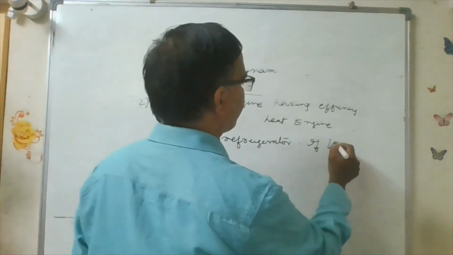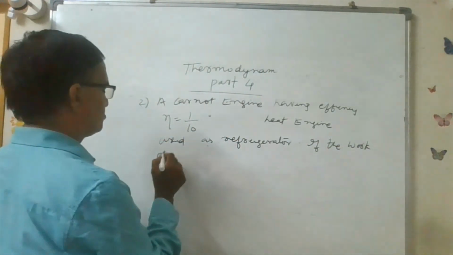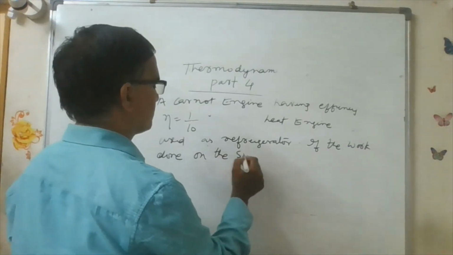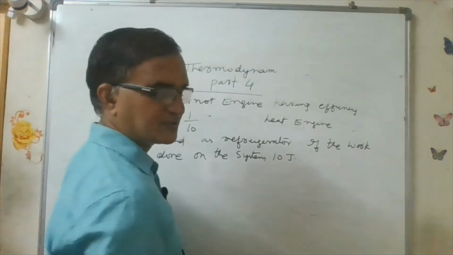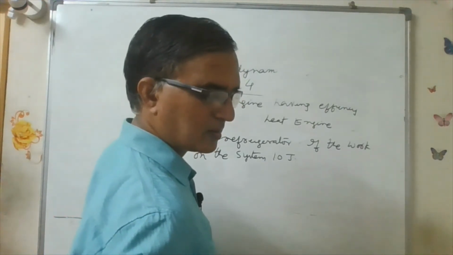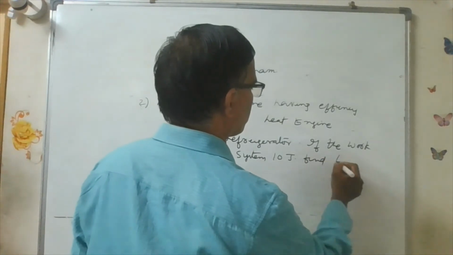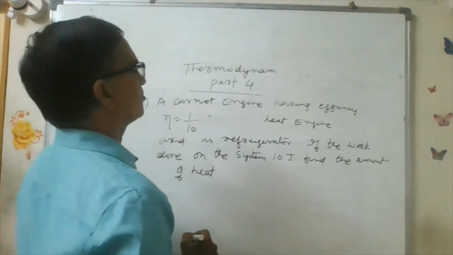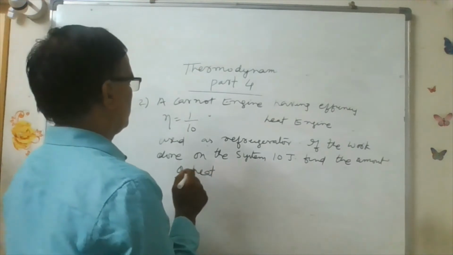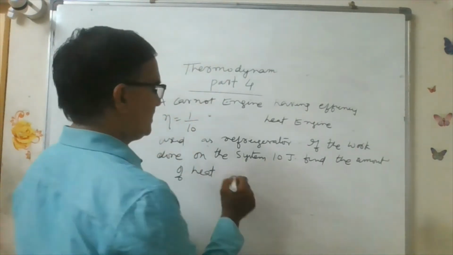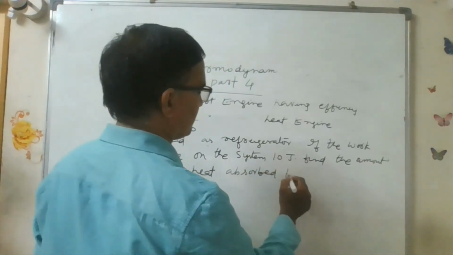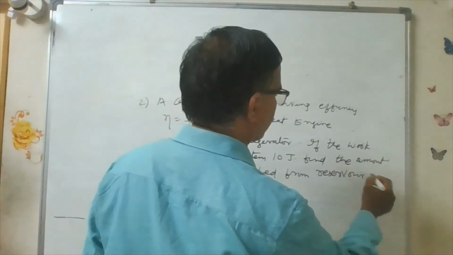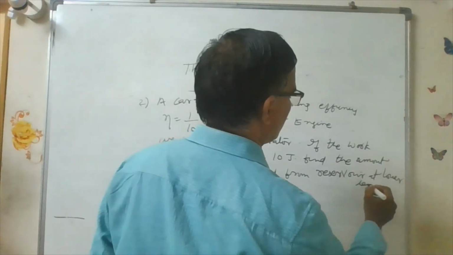If the work done on the system is 10 joules, find the amount of heat absorbed from the reservoir at lower temperature.